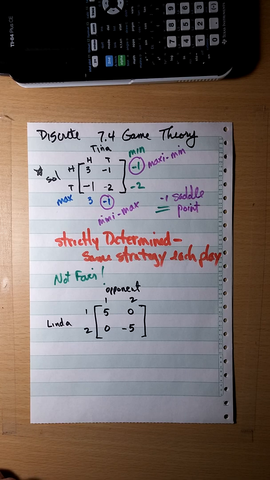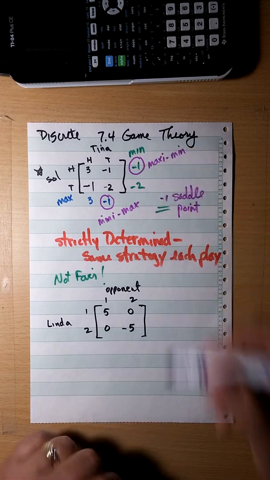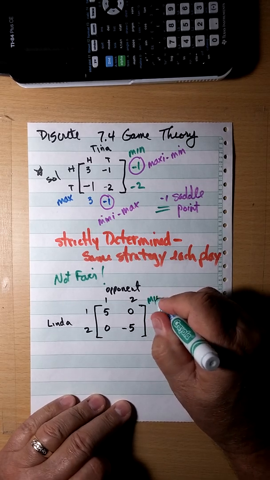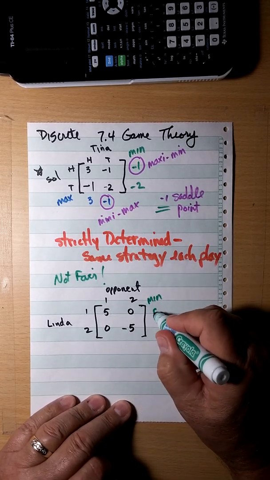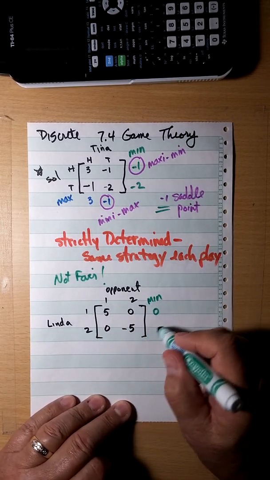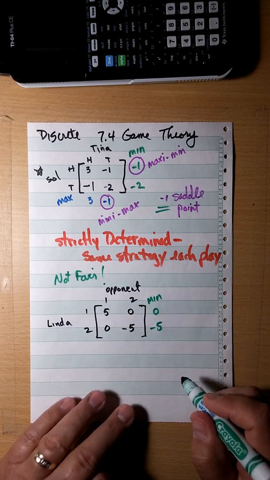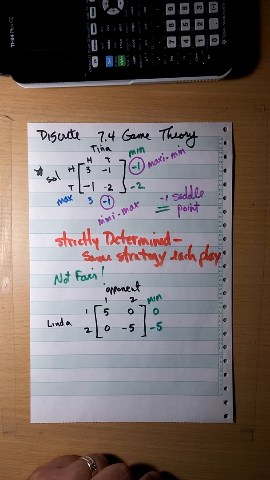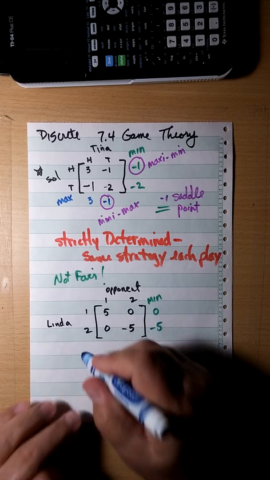Well, let's see. Remember, we'll look at the minimums. Let me stick with the same color scheme. What are the minimums for the rows? Well, the minimum here is 0, and the minimum here is a -5. And what are the maximums for the columns?